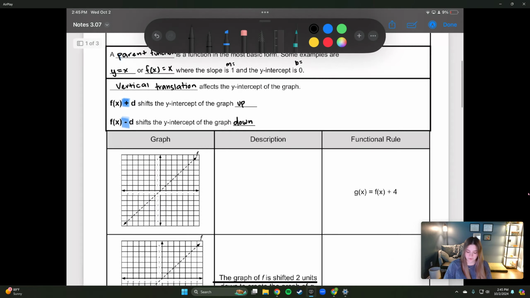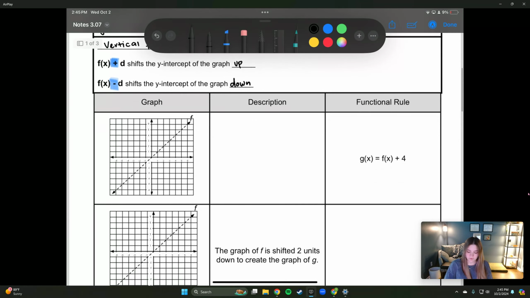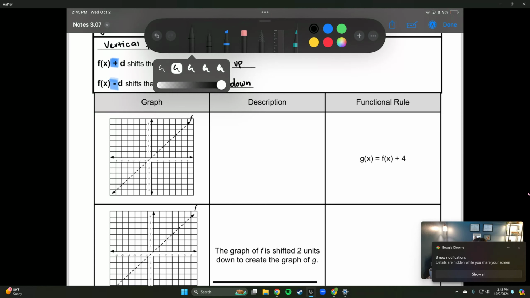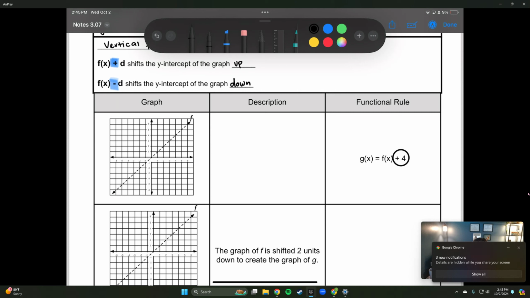So let's look at a couple of examples here. On this first one, it gives us the functional rule. The functional rule this time is g of x equals f of x plus 4. Well, remember, if I'm saying plus 4, which direction am I going? Up, right?